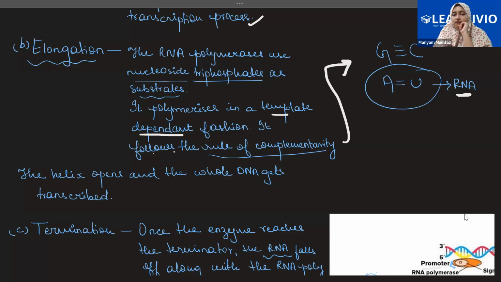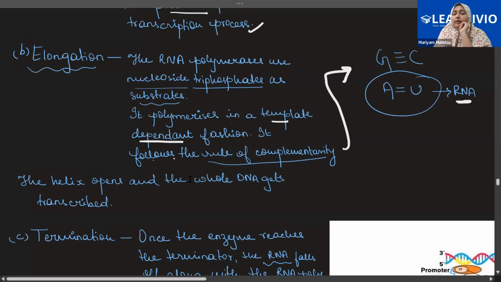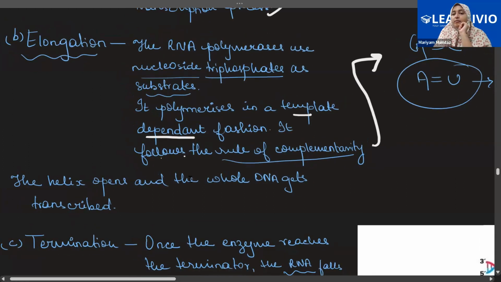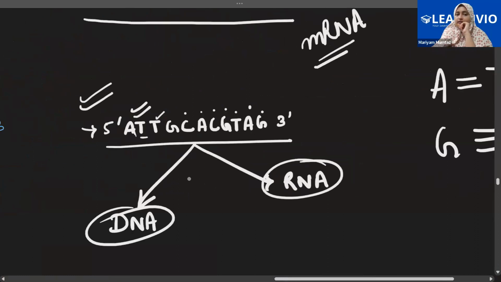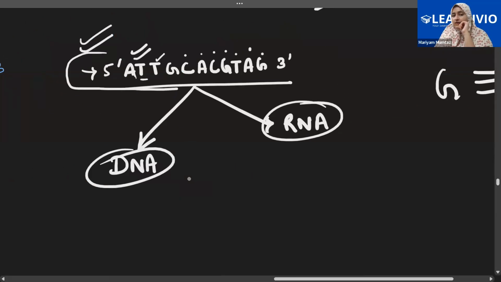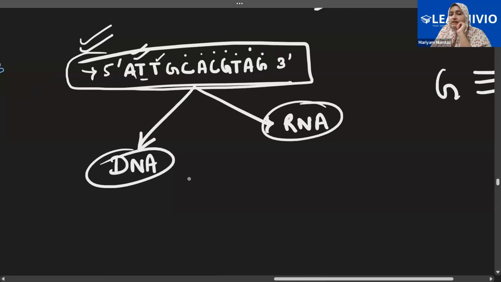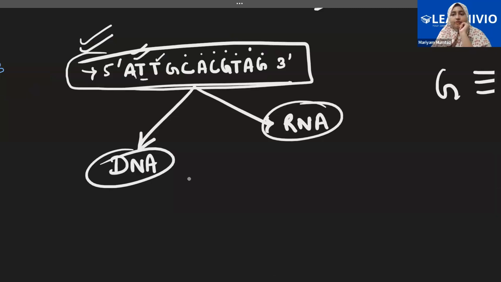Now, coming to this particular thing, we were talking about the template dependent fashion. Template dependent means the sequence that you're seeing over here is the same sequence provided by the DNA during the process of transcription. Why? Because the whole process is DNA dependent. Whether new DNA is synthesized in DNA replication or new RNA is synthesized, it happens complementary to the sequence that already exists.